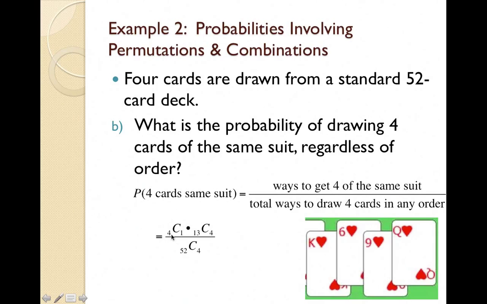So that's going to be one combination. And then once we've made that choice, then we have to think how many ways can we choose 4 cards out of the 13 cards in that suit. So we need to multiply those 2 numbers together to get the number of total ways we can get 4 cards in the same suit.